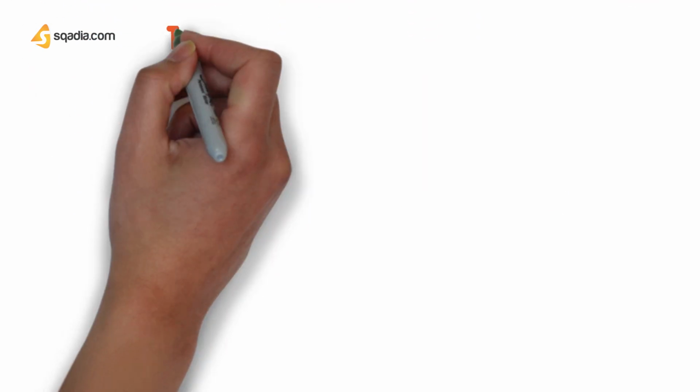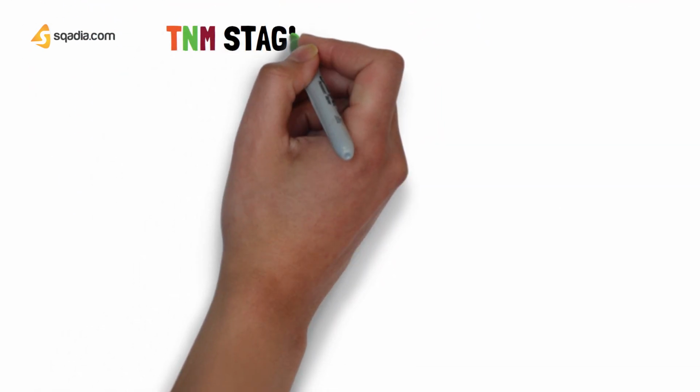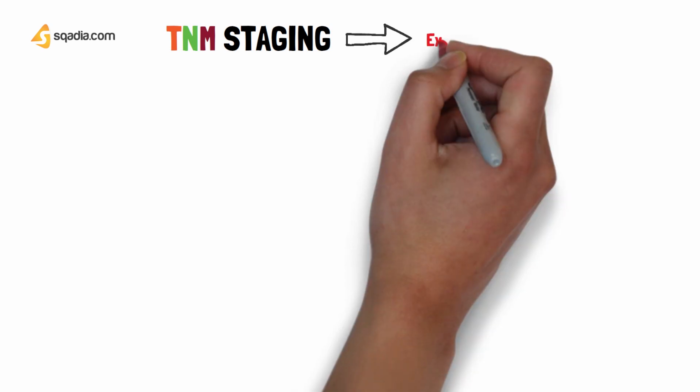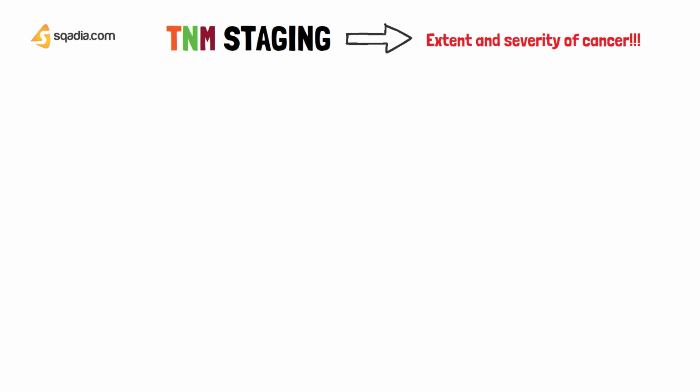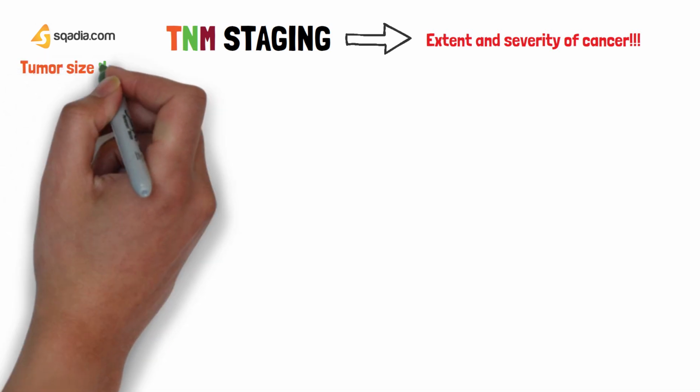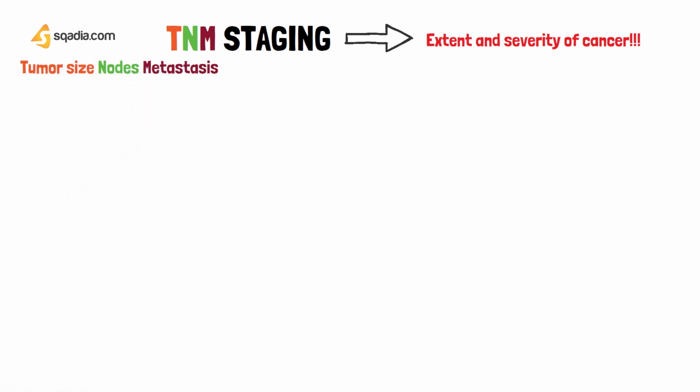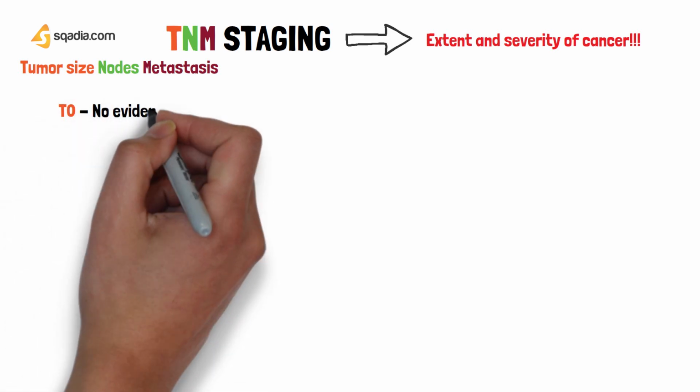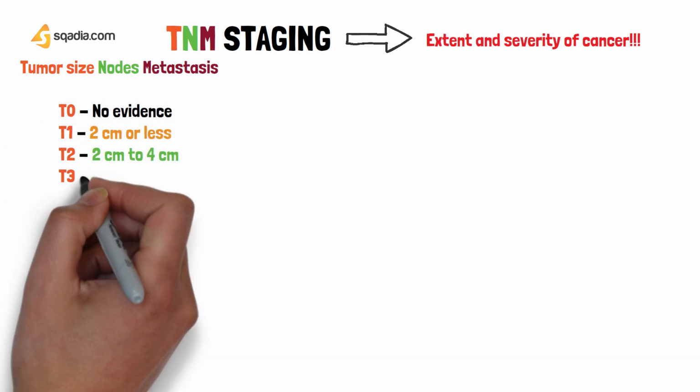Now the TNM staging. Basically the TNM staging is done to assess the extent and severity of the cancer. T stands for tumor size, N is the nodes, and M is the metastasis. The tumor size: T0, 1, 2, 3, and 4.